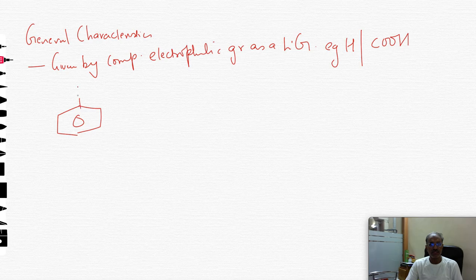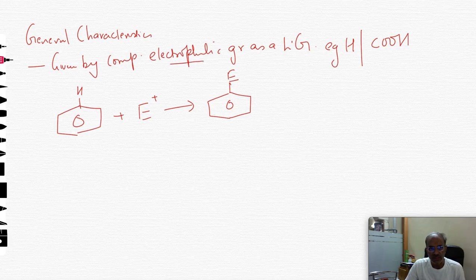Here hydrogen is an electrophilic group, and it has been displaced by an electrophile. This is the first criterion.